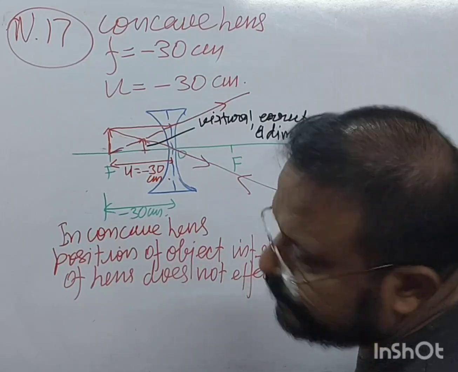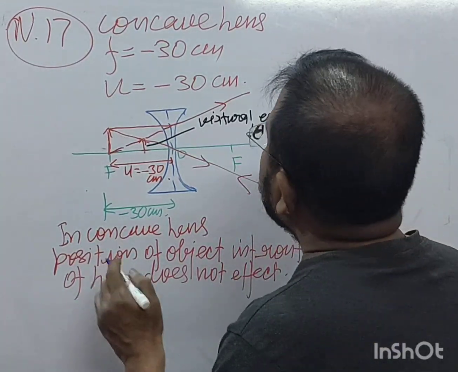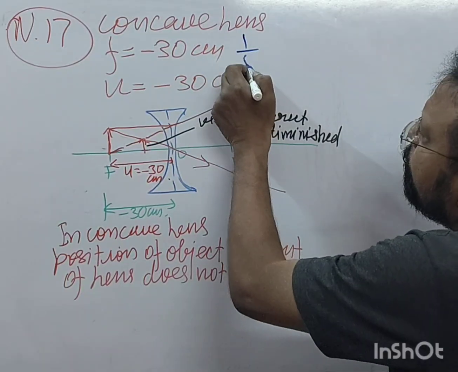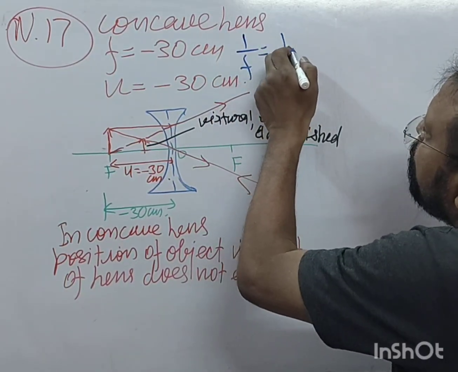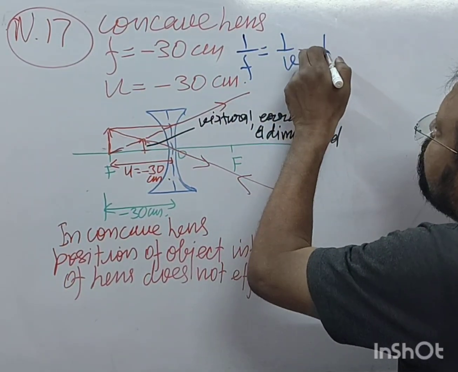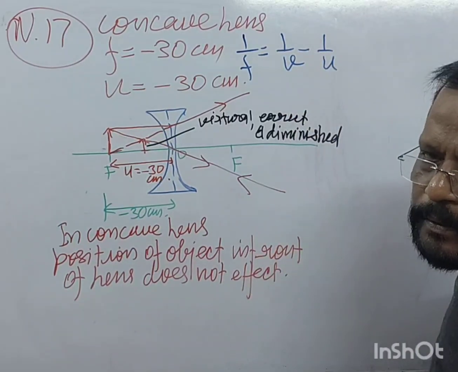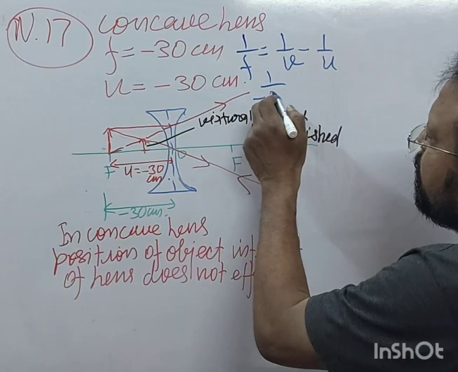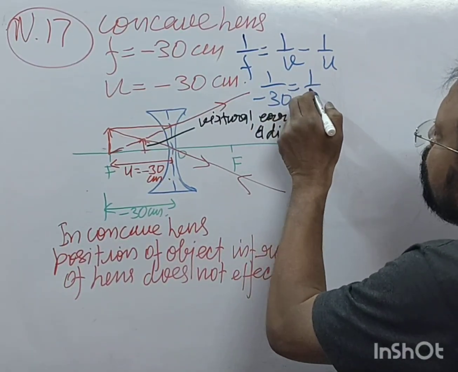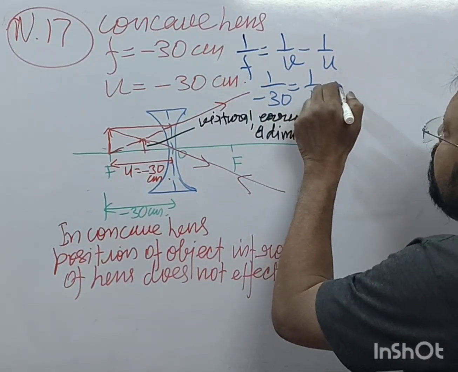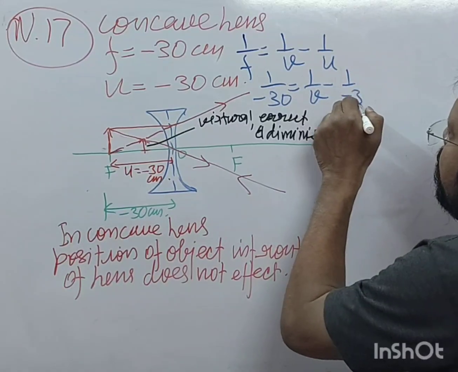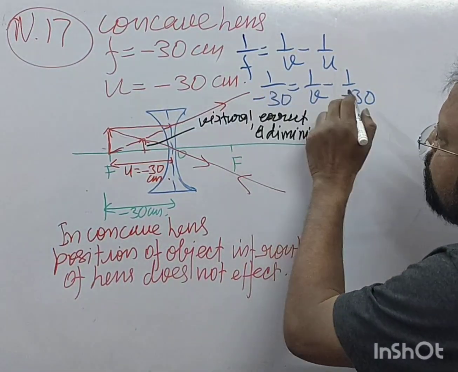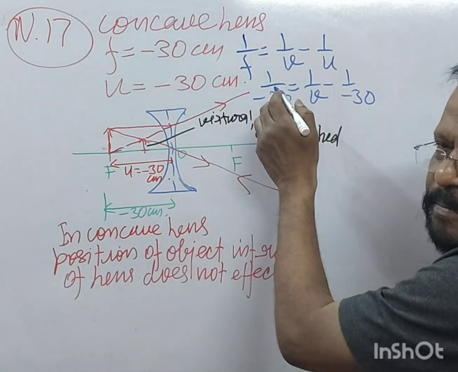And we have 1 upon f is equal to 1 upon v minus 1 upon u. So this is minus 1 upon 30 is equal to 1 upon v minus 1 upon minus 30. Minus minus is plus, and this plus comes on the other side, it turns to be minus.